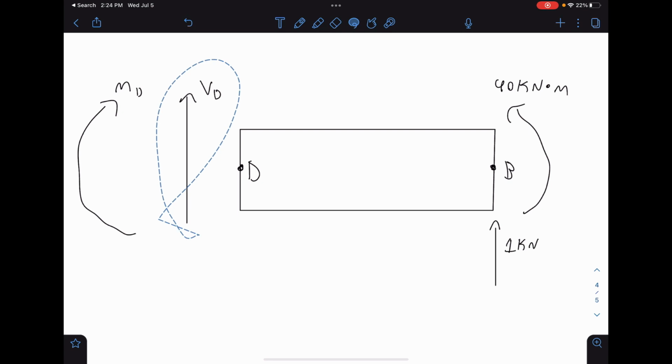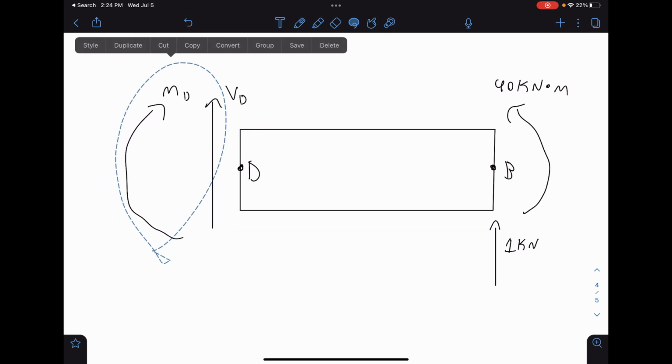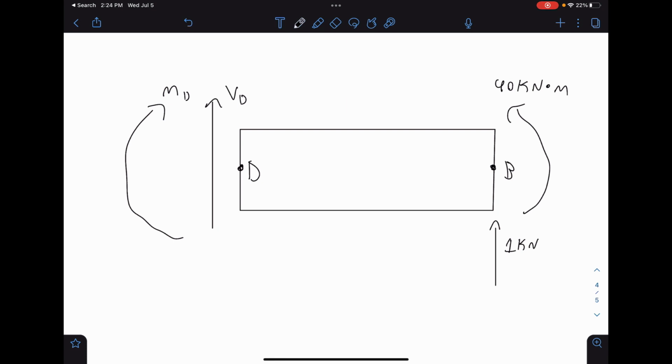Now let's solve for our shear force and our bending moment. First, we take the sum of the forces in the y direction equal to 0. And we say that 0 is equal to, what do we have here? We have our shear force in the positive y direction, so VD.